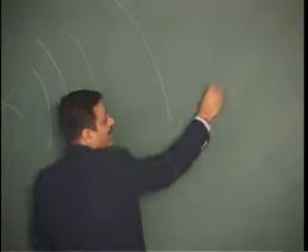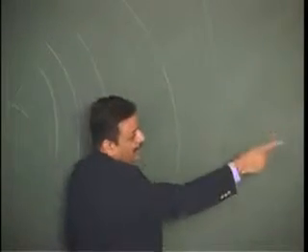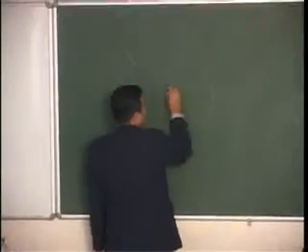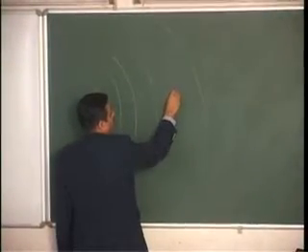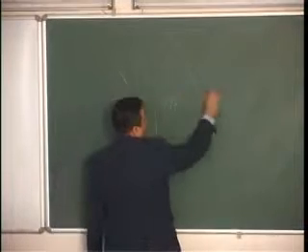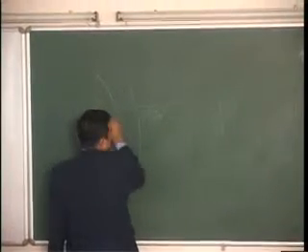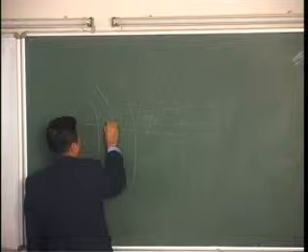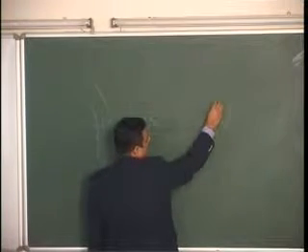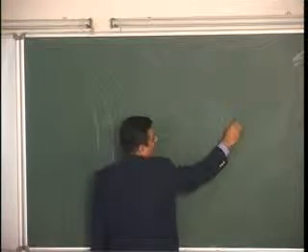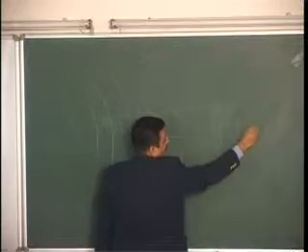If you take this distance as 2D squared by lambda and calculate this angle theta, you will find the variation in the phase, delta phi, is of the order of pi by 8.